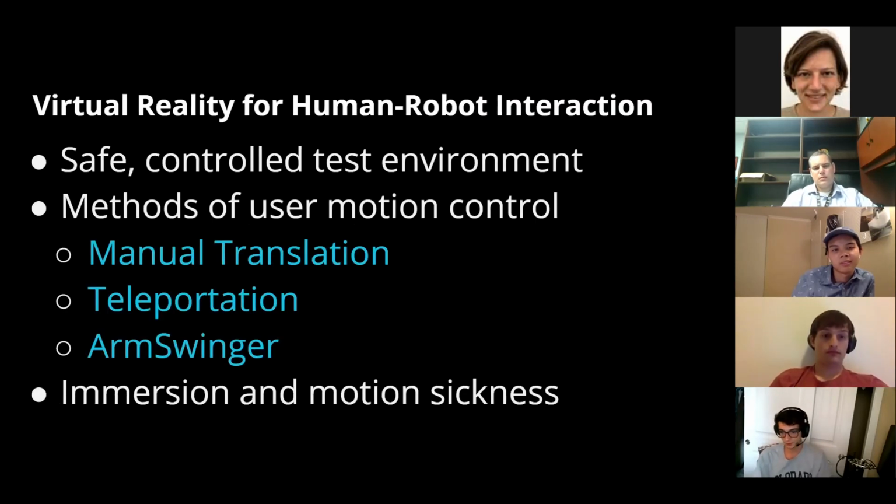So the reasoning for us using virtual reality in this experiment was that it played a very important role in providing a safe and controlled test environment. It allowed us to use a virtual rather than a physical wheelchair and ground robot, which first of all ensured the safety of the user, as well as reduced material requirements.